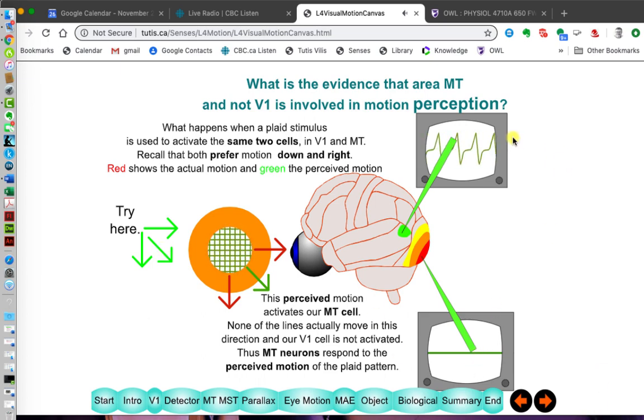This has stopped firing, and this has started firing. Why is that? Because now we perceive movement down to the right, and this is what this one was sensitive to. This neuron is sensitive to down to the right, as is this neuron. But now we have the perception of something moving in this direction when physically there isn't. So this one's silent because physically there is no movement on the eye in its direction of sensitivity.